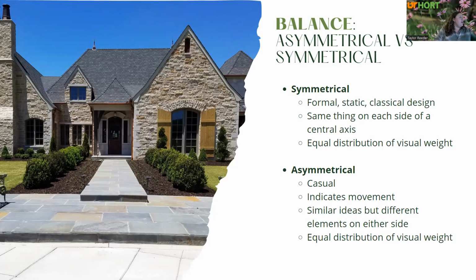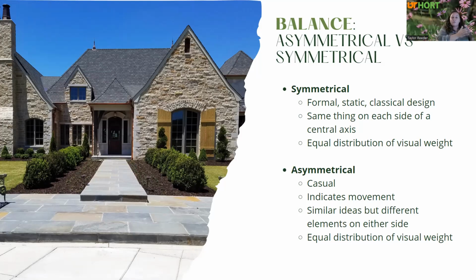So on either side of that door, on this pathway, I have the same plant materials, the same planting units. So it's very symmetrical. It's a very formal look, but it's an equal distribution of visual weight. I don't feel like I'm lopsided and leaning one way or the other. With an asymmetrical landscape design, it has a more casual feel.